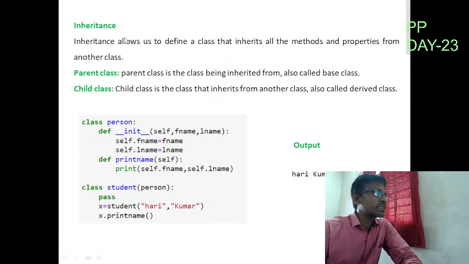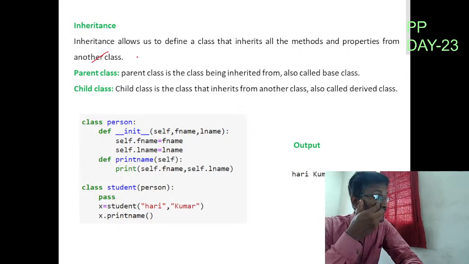The next one is inheritance. What is inheritance? Deriving a new class from an existing class is called inheritance. For example, you define a class that inherits all the methods and properties from another class.